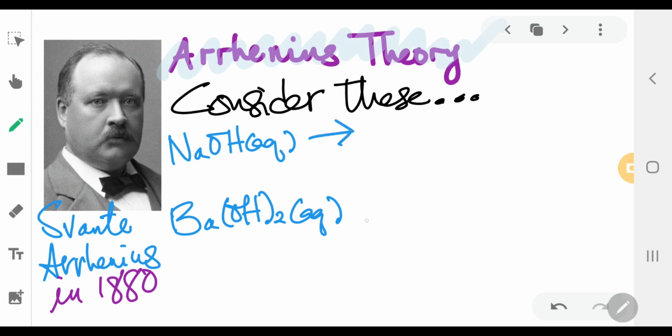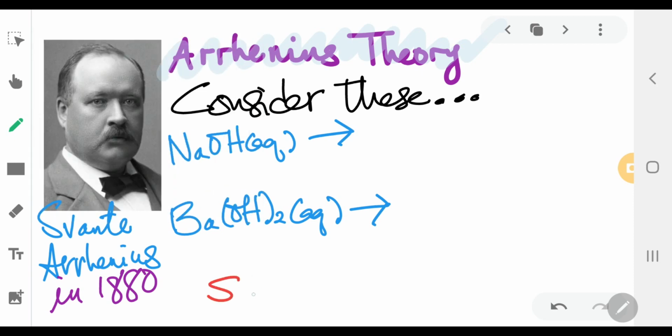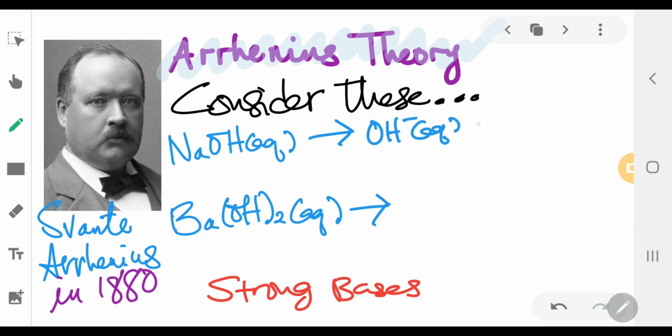Since both of them are strong bases, we're going to use an irreversible arrow. So it will dissociate to form OH minus, and the positively charged species.